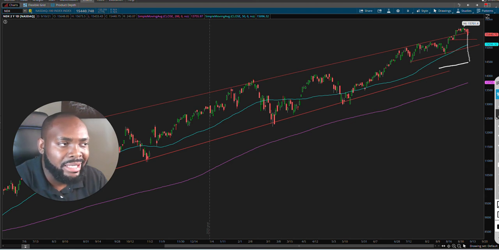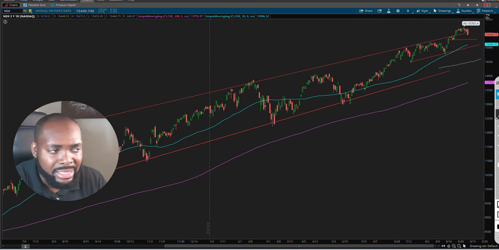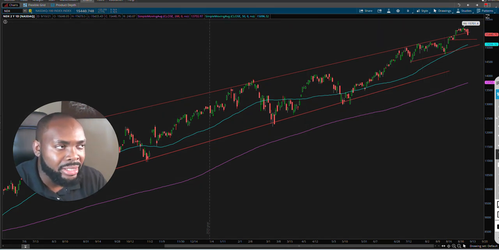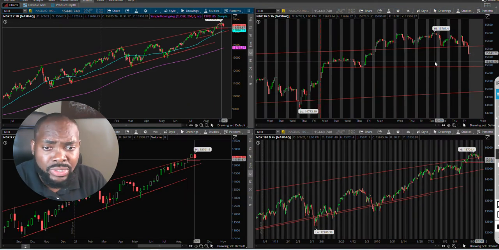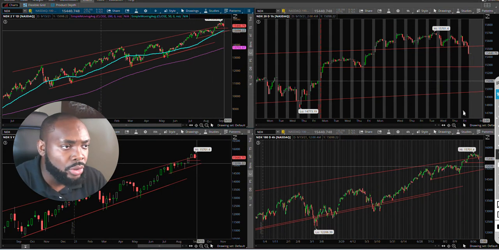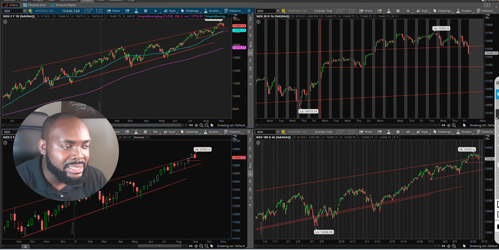So we've got to be cautious at these levels as price pulls back, but we also have to understand what the levels are that we're using as a guide to know, hey, is it going to go lower, or this is specifically where I'm looking to see price bounce. If we look at it on the hourly basis, same thing.